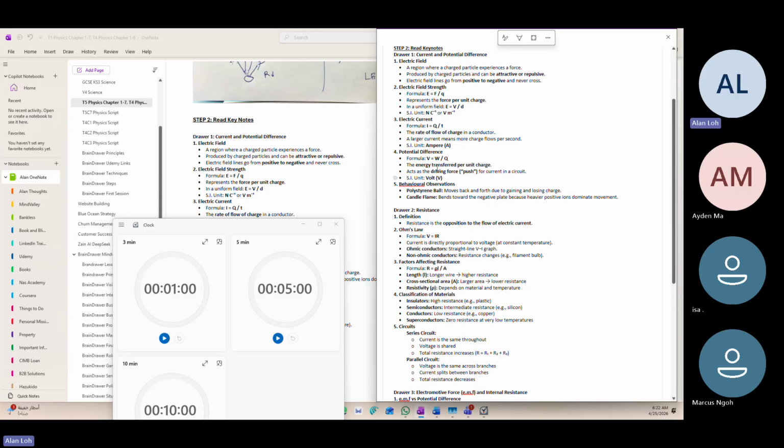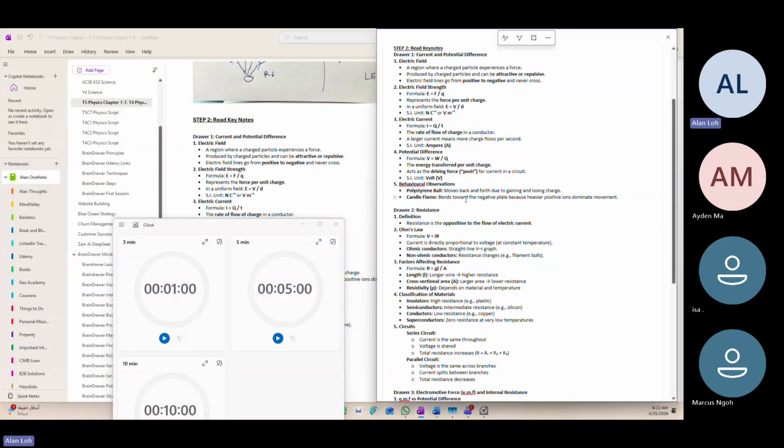Formula, definition, unit. Same goes for field strength. Formula, definition, units. Don't worry if you do not remember all the information, what the formula is or even the name of the units. You just need to know that there is something that you need to learn, and you definitely will learn it by the end of this class, which is about 2 hours later. There's a formula, definition, unit.